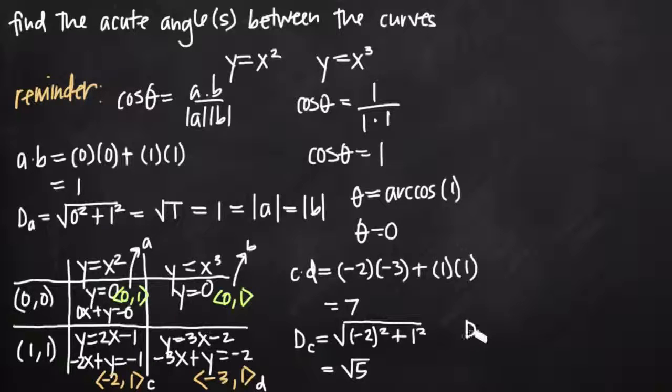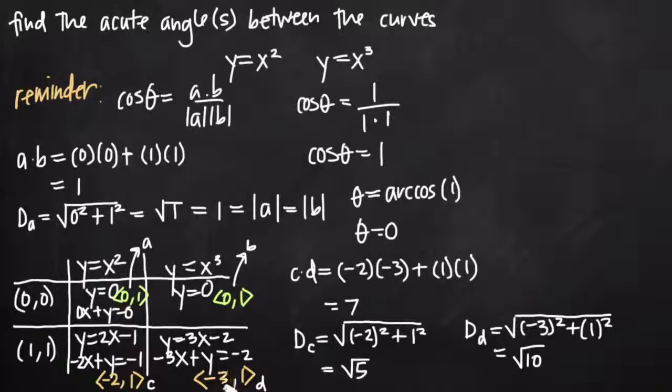If I do the distance of d, or the length of d, I'm going to do the square root of the square of each component and then the sum of those. So negative 3 squared plus 1 squared, like this. I'm going to get negative 3 squared is 9, 1 squared is 1, 9 plus 1 is 10, so just the square root of 10. That's the length of my vector d.